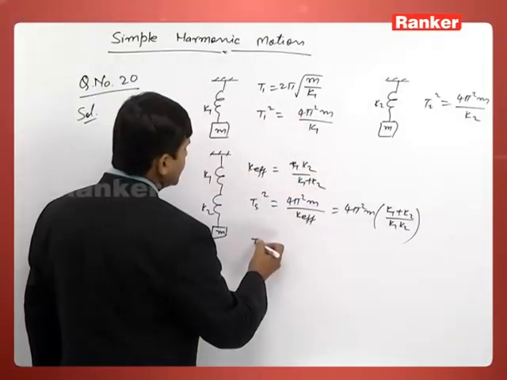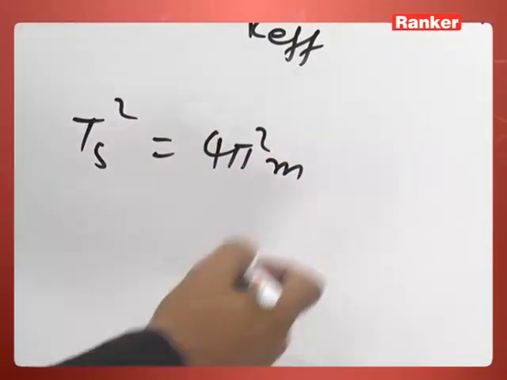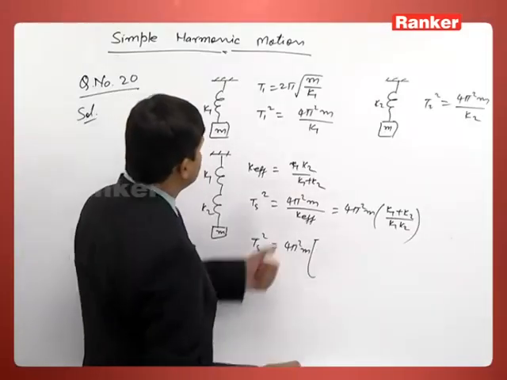Now this we can say 4 pi square m, K1 plus K2.